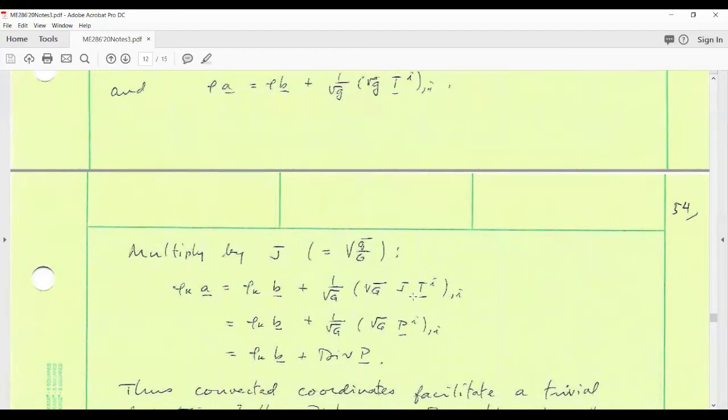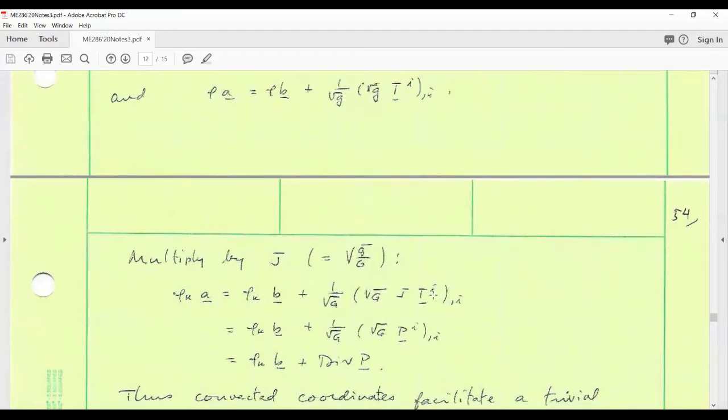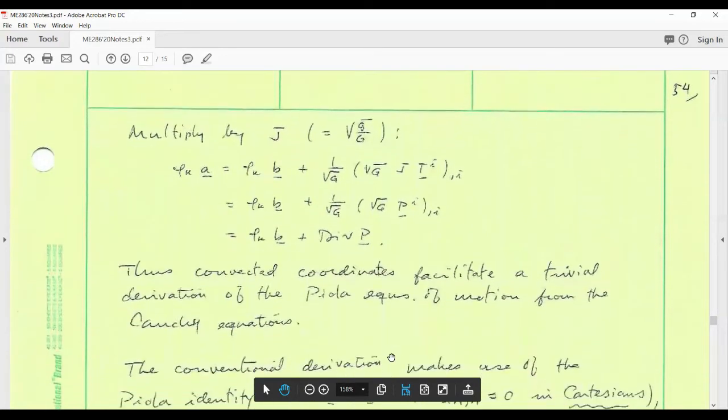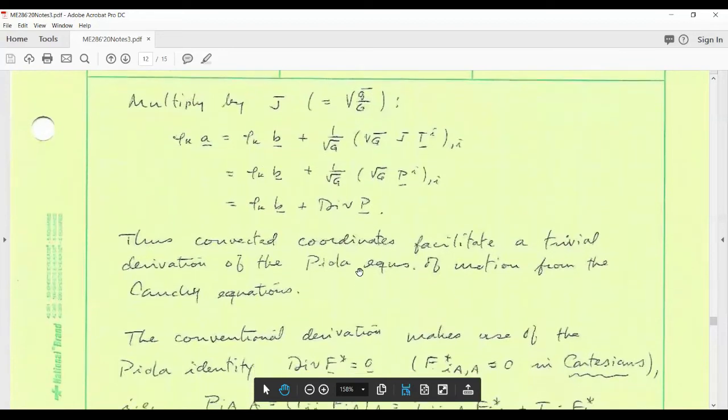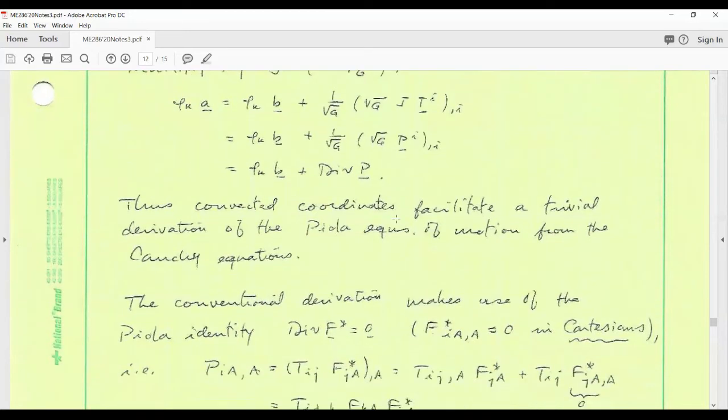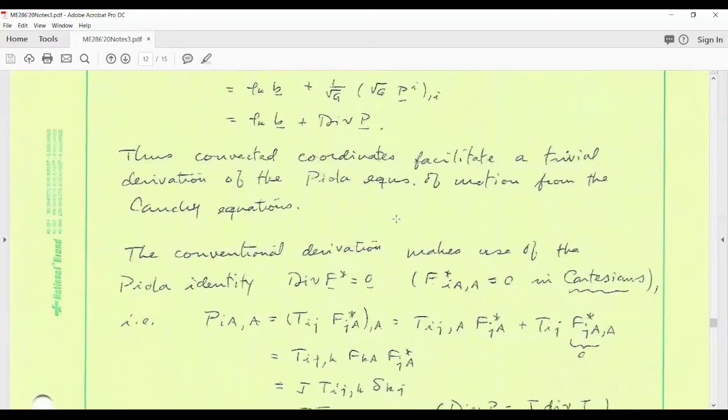The JTI, if you look back a page, are just the Piola stress vectors. So we have this, which then immediately gives you, from our formula for the referential divergence of P, immediately this. So you get from the Cauchy equations of motion, you get the Piola equations with no effort whatsoever, or with a line of, in 2 lines. Okay.